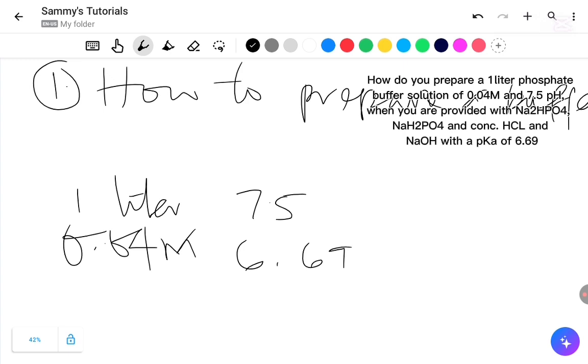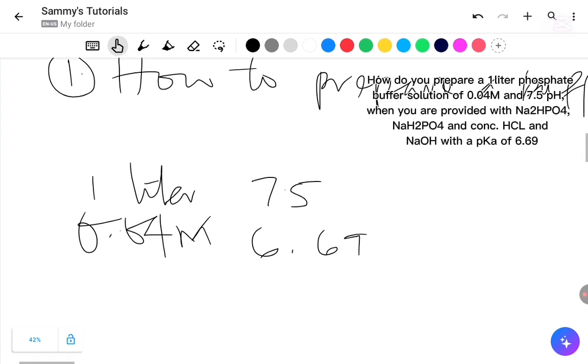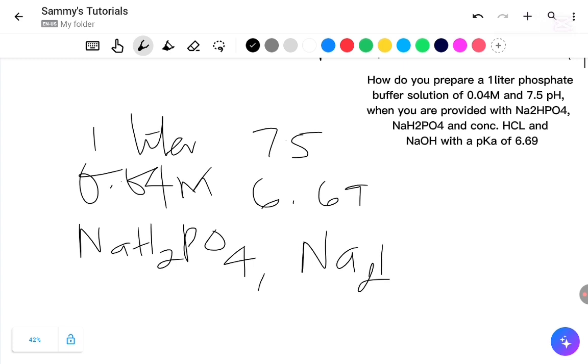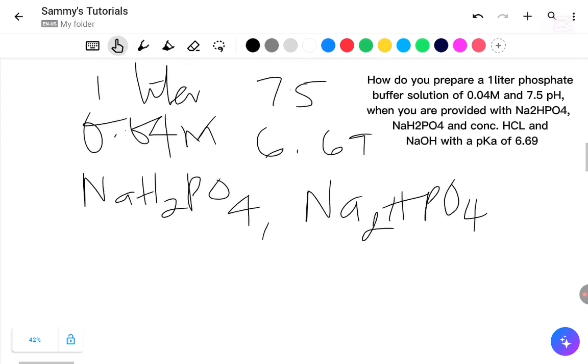Now, when you are provided with phosphate buffers, a weak acid of NaH2PO4 and a conjugate base Na2HPO4.